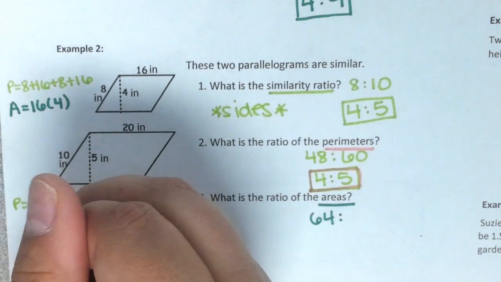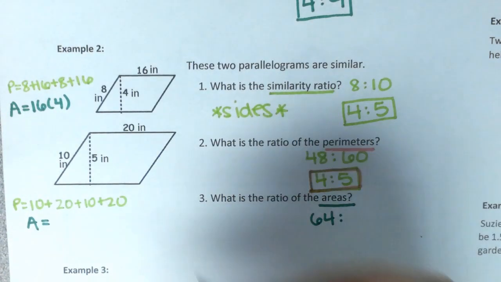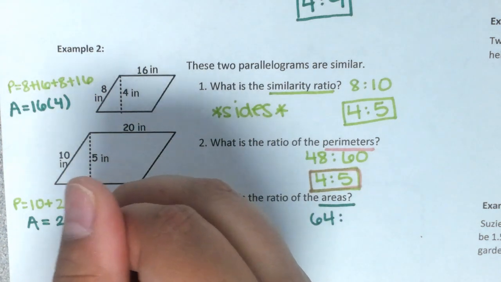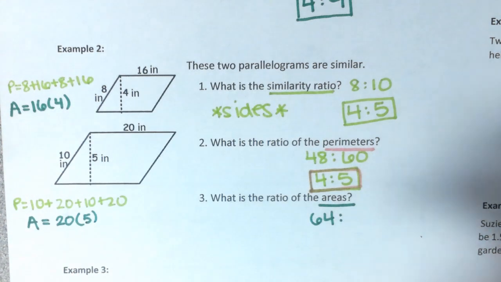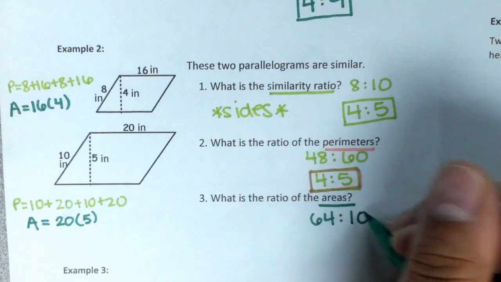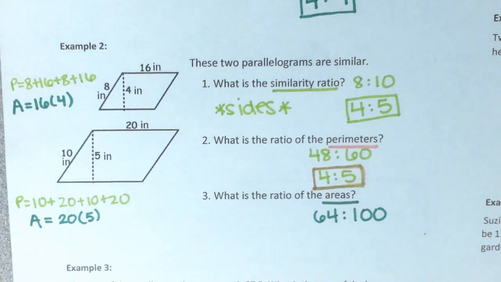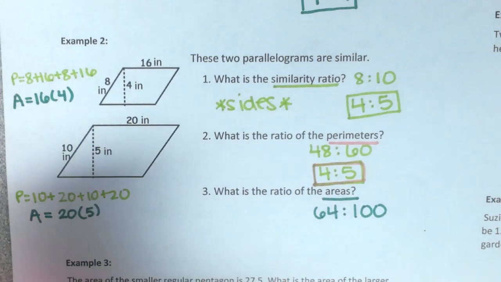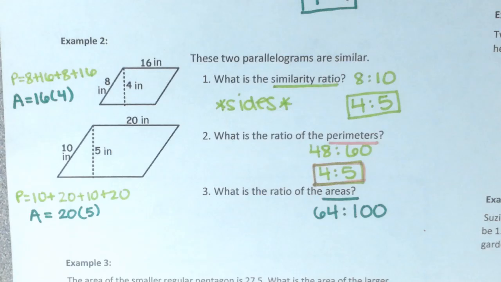For this one down here, what is my base? What is my height? 20 times 5 is? 100. And if you reduce that, by the way, for those of you that are like, man, they're doing the reducing fast, they might know it, but if you need a little guidance, you can always put this in Desmos and just hit the fraction and it'll do it for you.